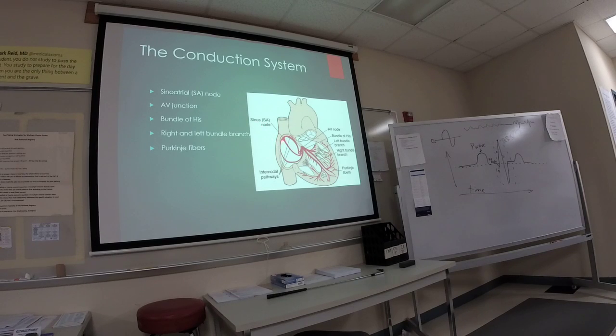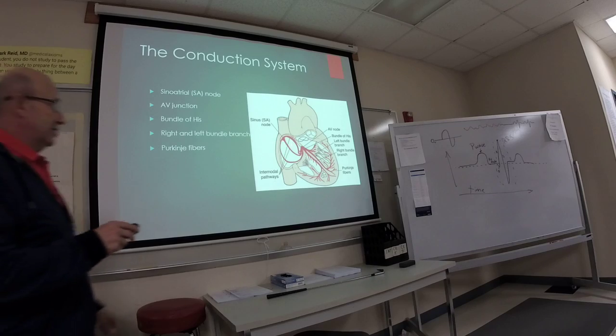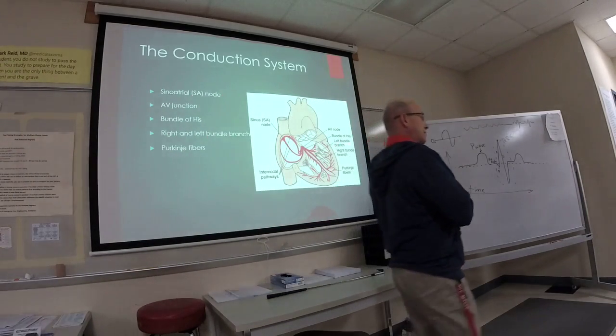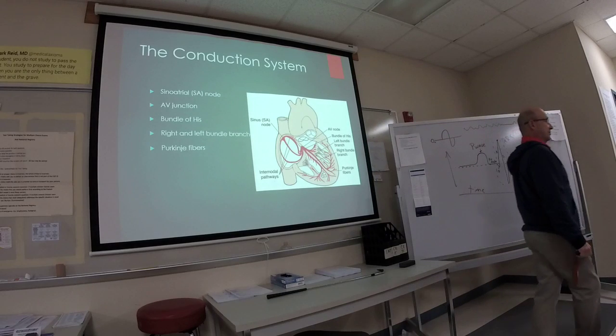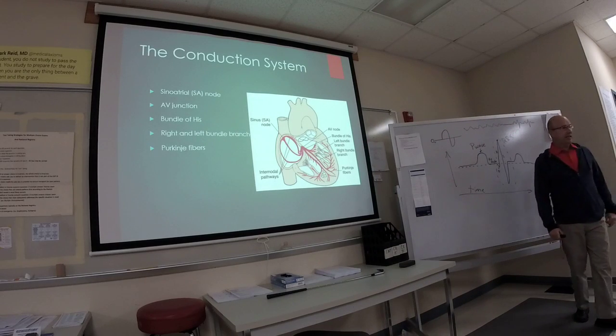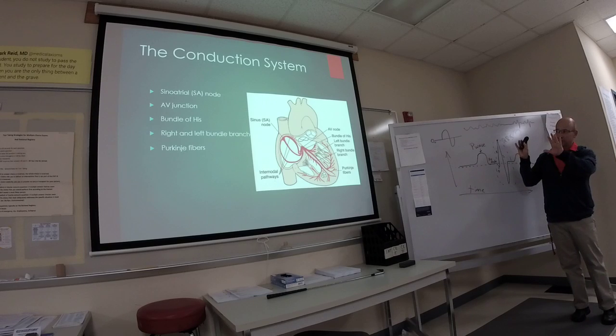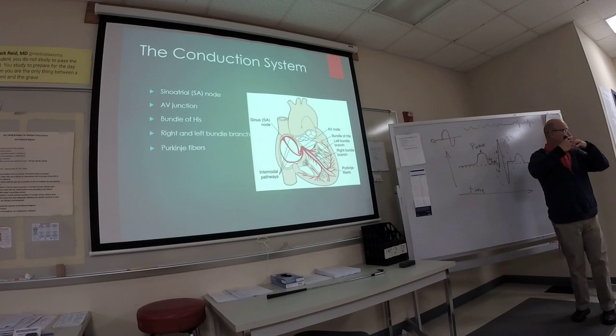The SA node is located in the top part of the right atrium. Now these are not contractile cells, okay? These are conducting cells. They only conduct energy. We'll look at this a little closer in cardiac physiology, how these cells lay over each other.